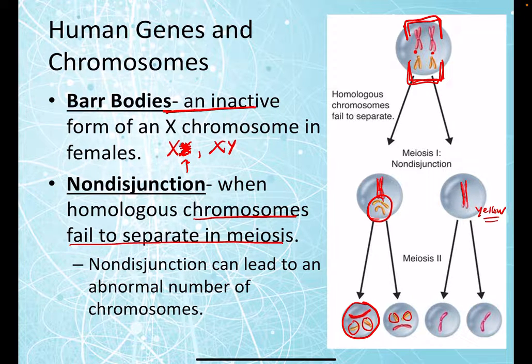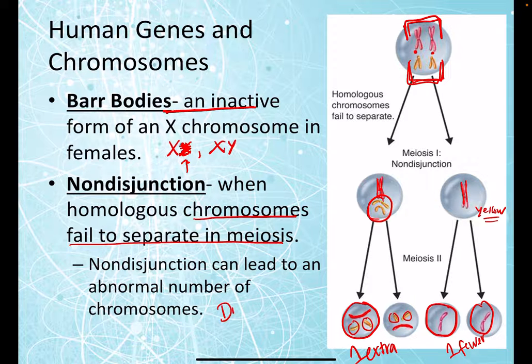So these have extra chromosomes, 1 extra chromosome for each of those. These, however, have too few. They're missing a chromosome. And so this process, when they don't separate, is called non-disjunction.